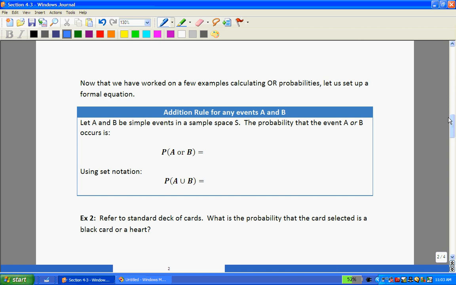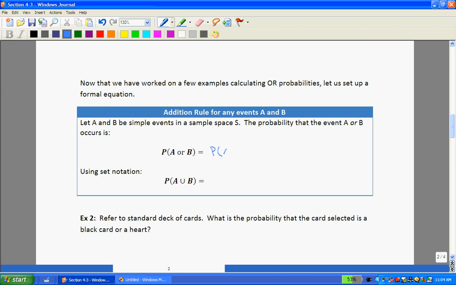So it could be with cards, it could be with coins, it could be with the probability of a patient having a certain disease or condition, could be for anything. Let's see, so let A and B be simple events in a sample space S. The probability that the event A or B occurs is the probability of A or B. Well, think about what we did.